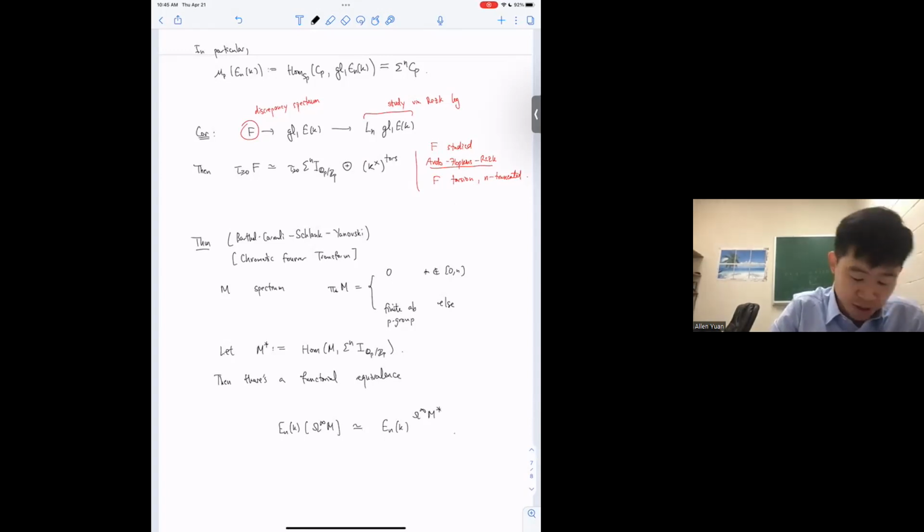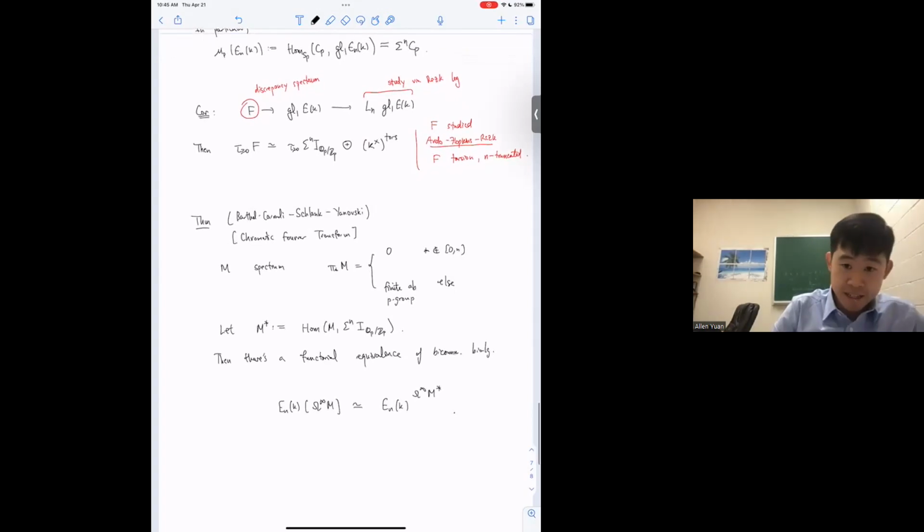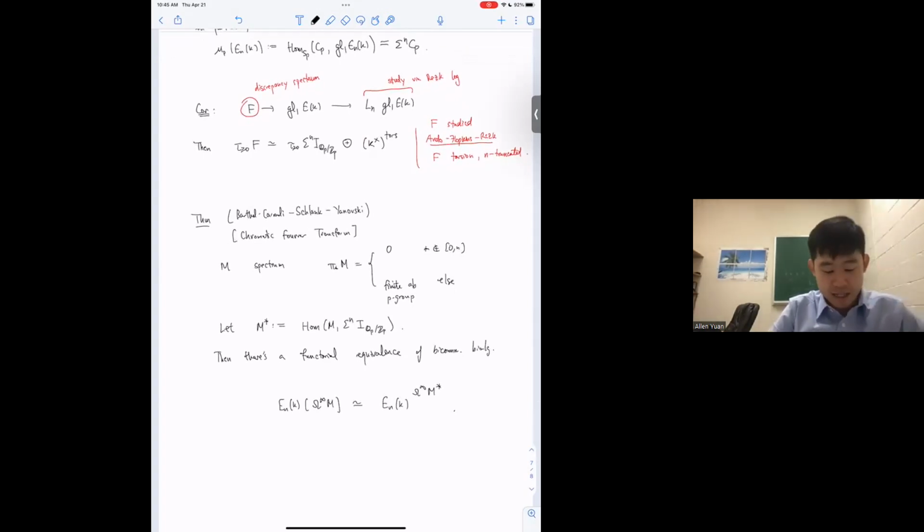So this is a functorial equivalence of bicommutative bialgebras. This generalizes a theorem of Hopkins and Lurie in the case that M is an Eilenberg-MacLane spectrum.